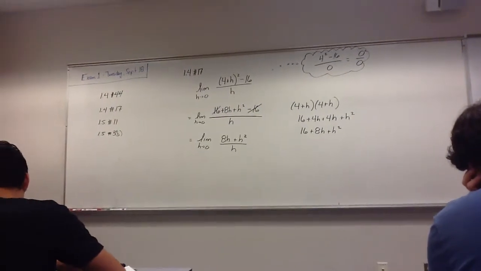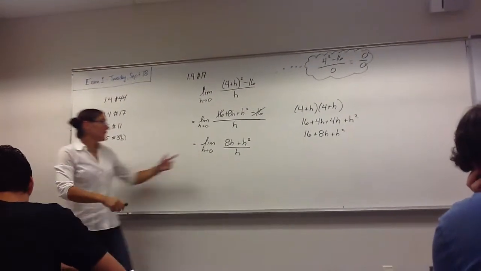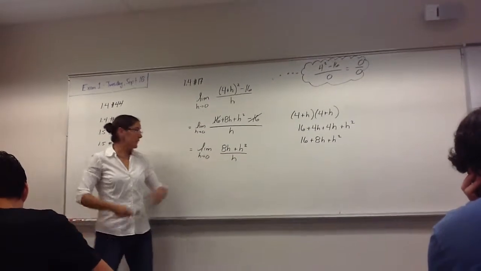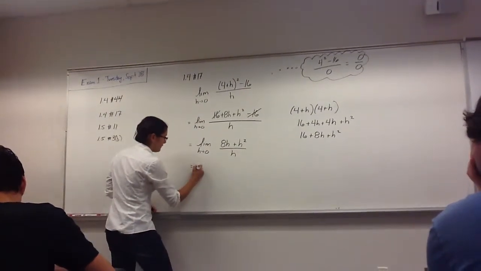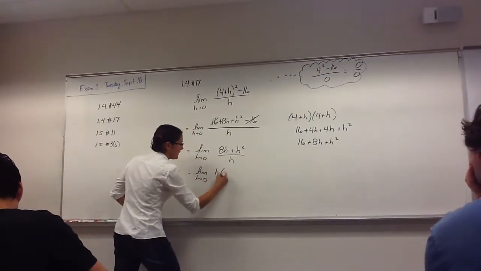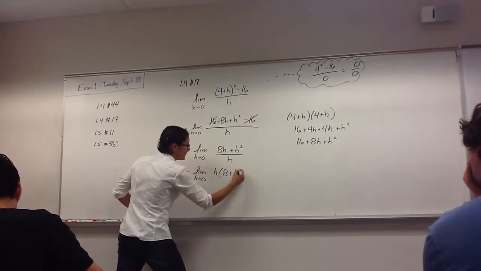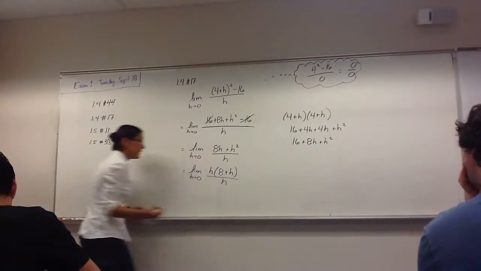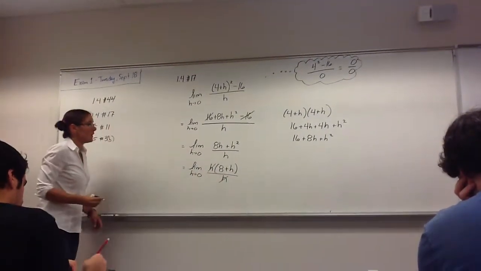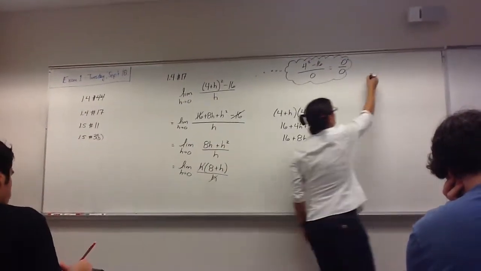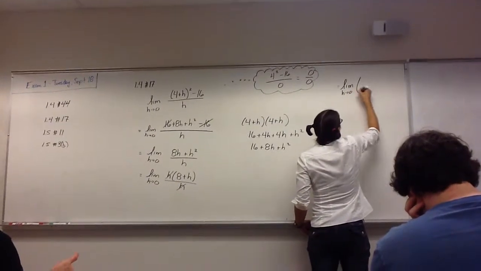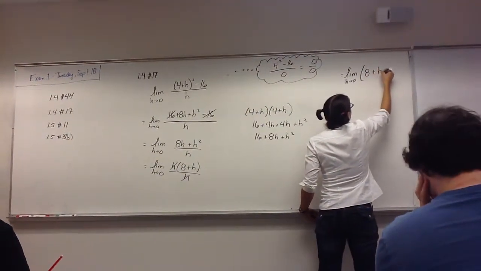Now I'm really happy, because all I have left in my numerator are things that involve h's, so I can factor out an h. I've got the limit as h goes to 0 of h times (8 plus h) all over h. And this is where I can cancel. I'm left with the limit as h goes to 0 of 8 plus h.